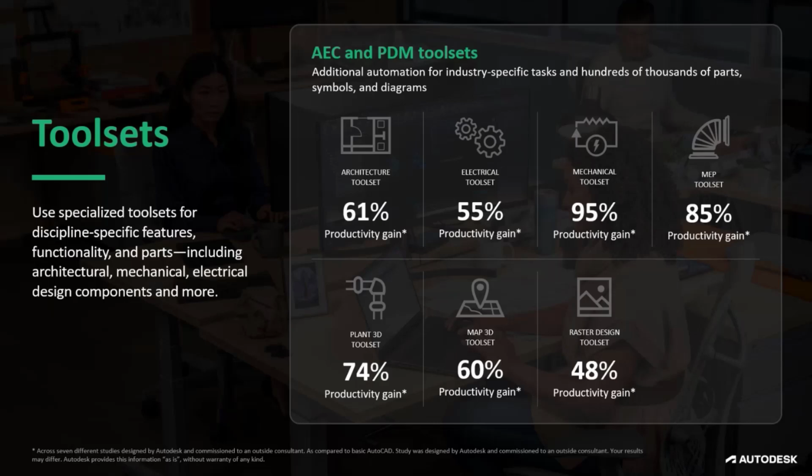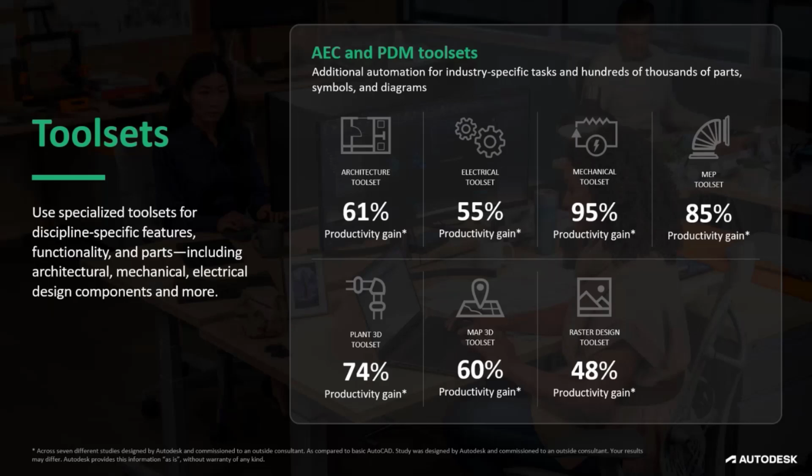If you purchase or have a license for AutoCAD full version, which is not LT, you have access to all of these. All the productivity gains and features available in these are also available to you. You just need to download and install them separately.